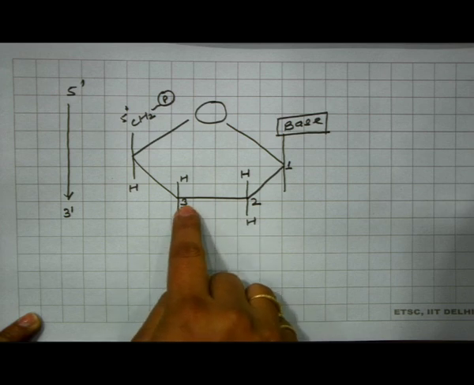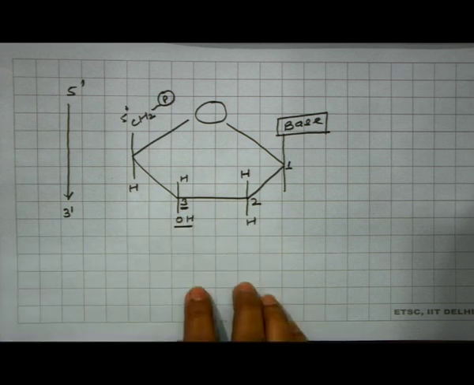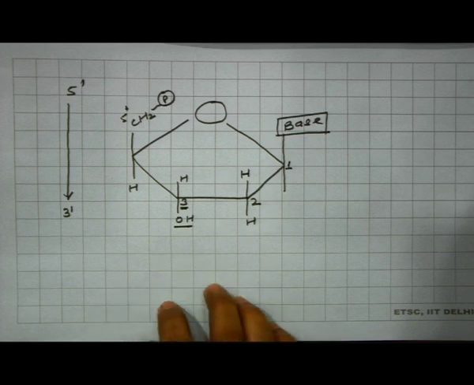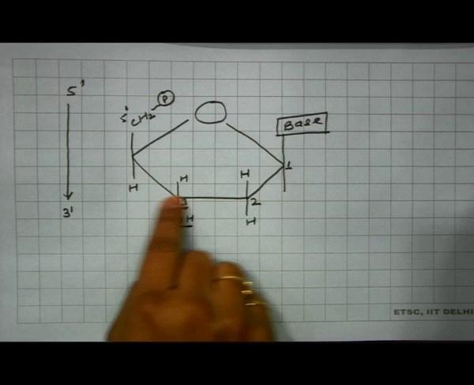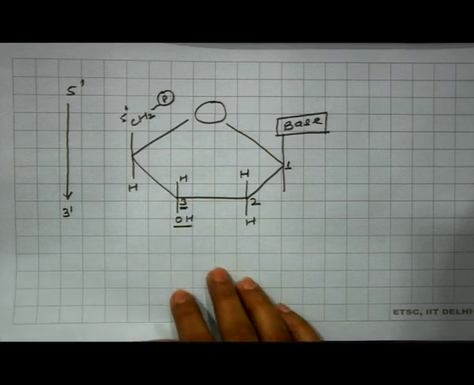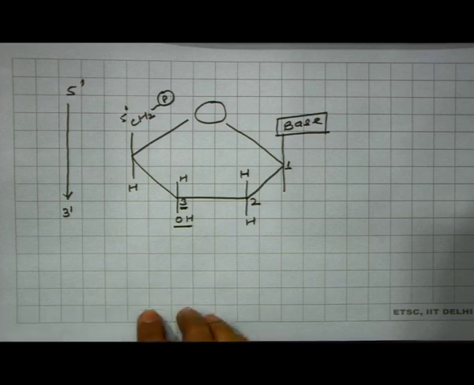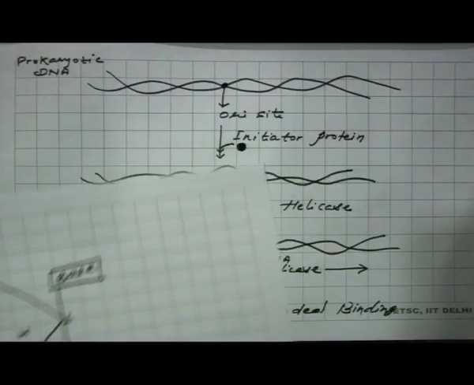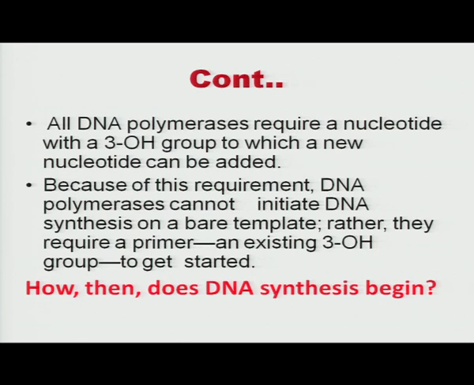This 3 end is required by DNA polymerase to add the new DNA. Without this 3 end, the DNA polymerase cannot add the nucleotides. Now, how is this 3 end OH group being provided to the DNA?